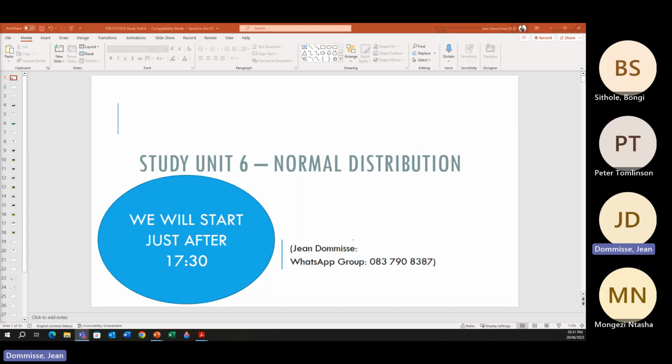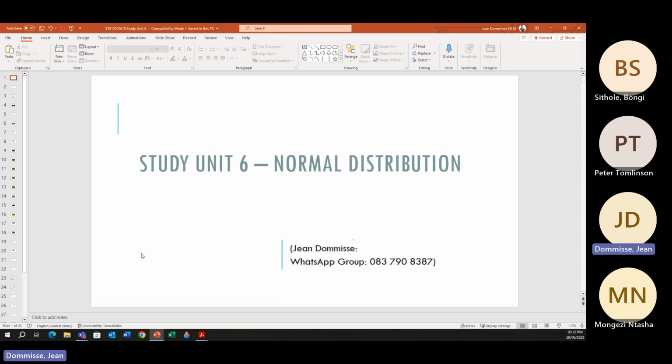And as people join later, I will just ask 1 or 2 questions around that. But let's start off by looking at the last part of study unit 6 on a normal distribution.